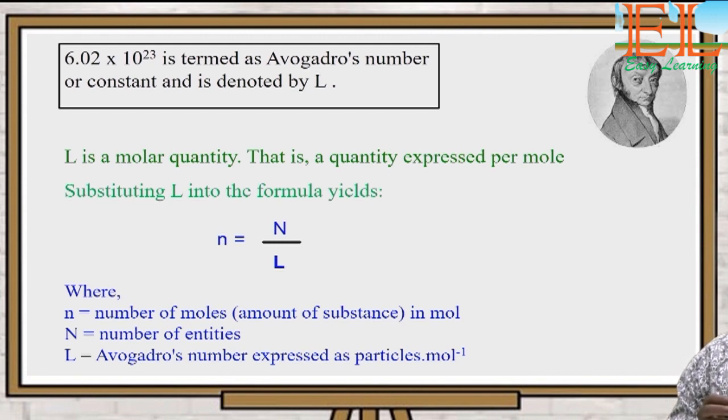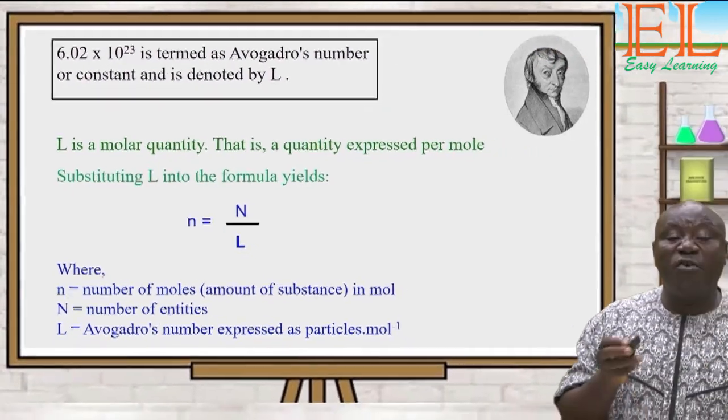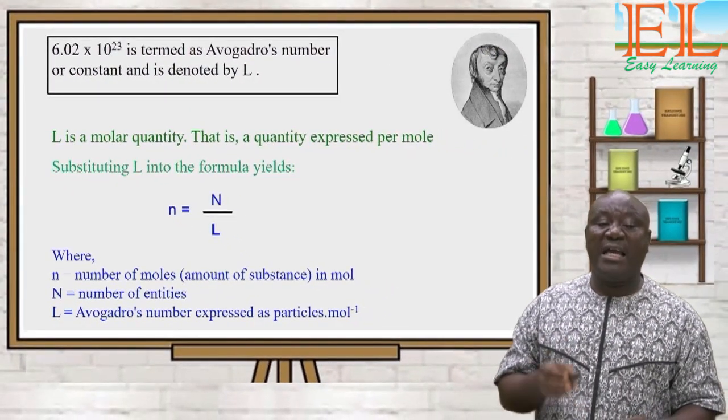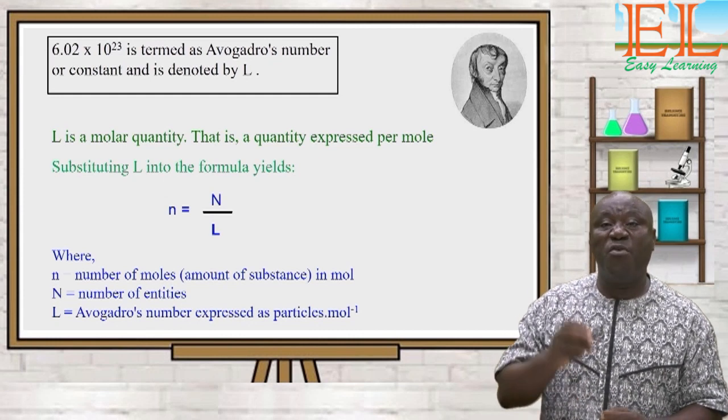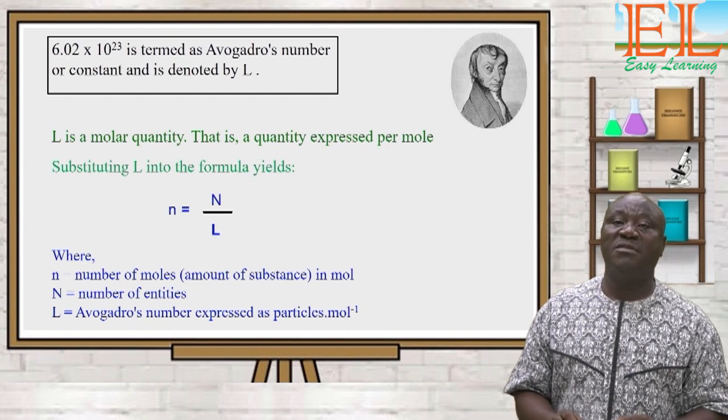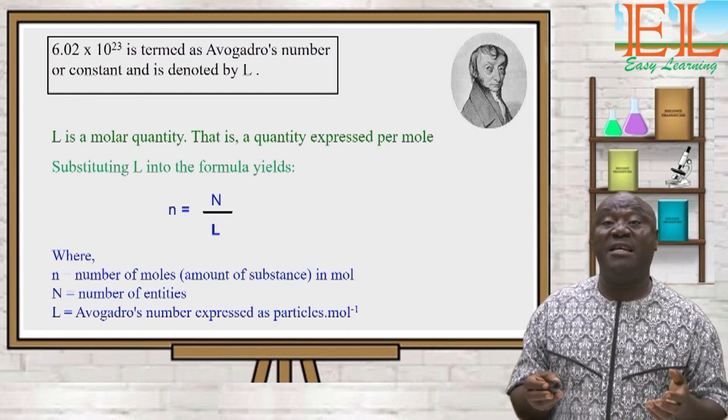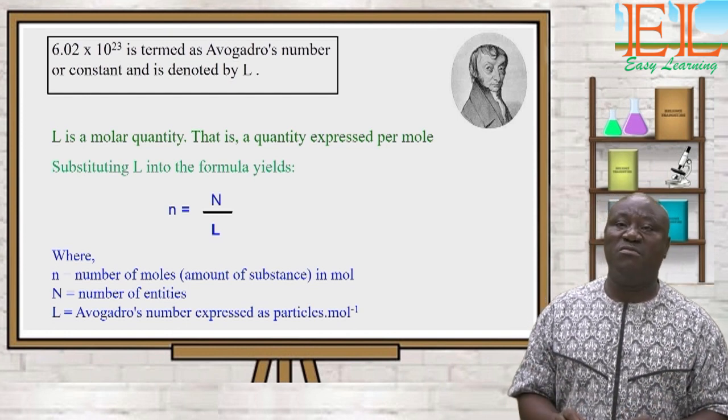And uppercase N is a number of particles or number of entities, and L is Avogadro's number expressed as particle per mole. This is the mathematical definition of a mole.